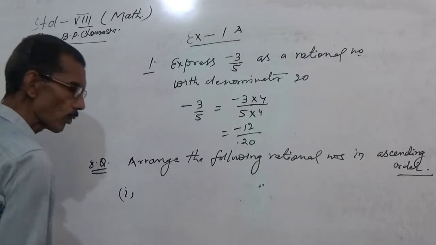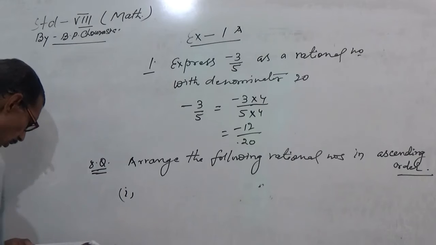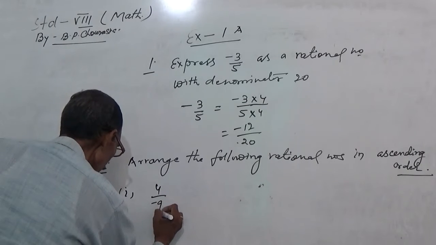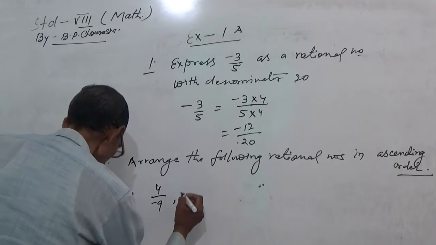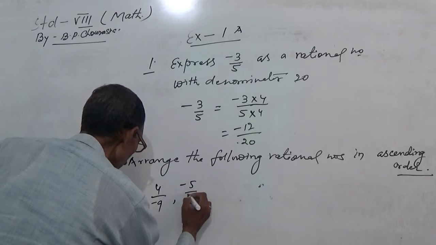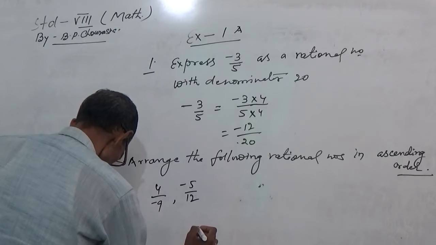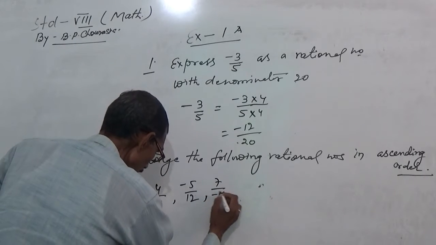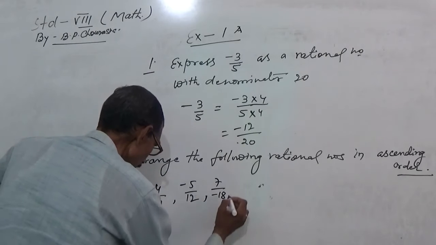I am taking one question: 4 by minus 9, minus 5 by 12, 7 by minus 18 and minus 2 by 3.